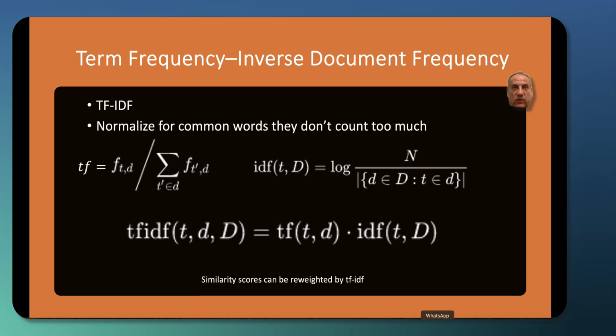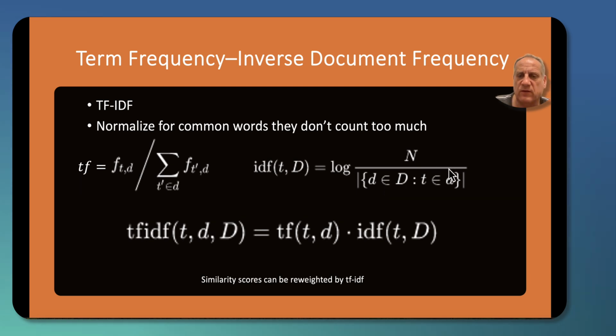So there's a kind of universe of documents that we're looking at. This might be all of Wikipedia, and we want to characterize the topics in a particular Wikipedia article. So the TF part would be taking the words in a particular Wikipedia article, and then we're comparing that with the frequency of each of these words in all of Wikipedia articles. And so that's the IDF part. And so this is a normalizing factor.